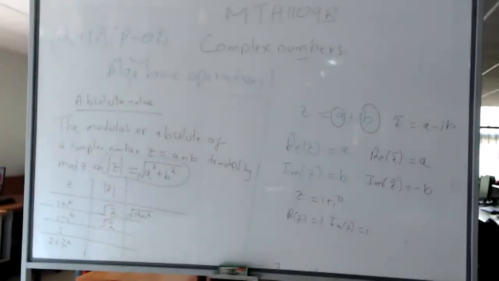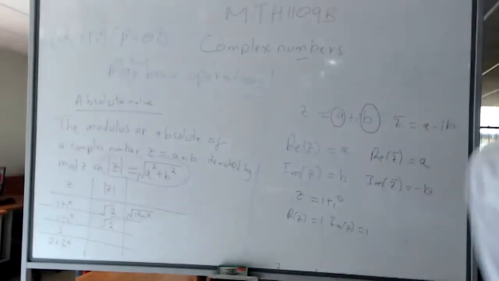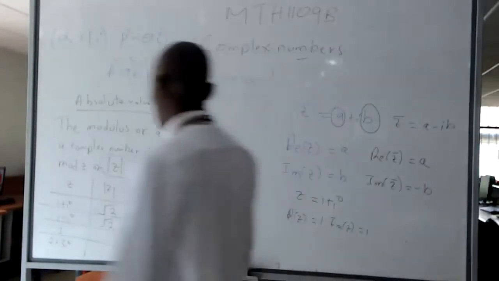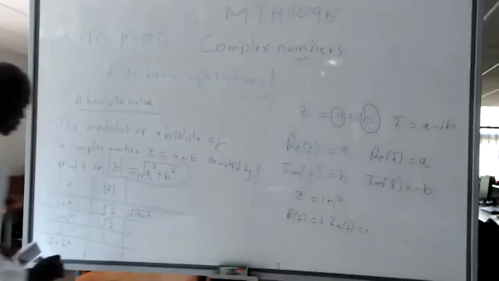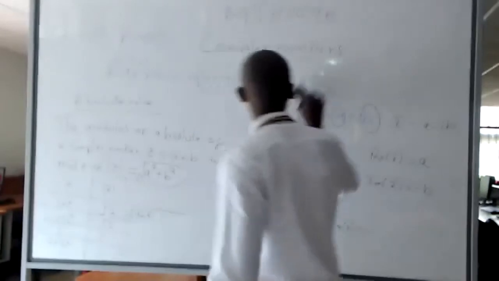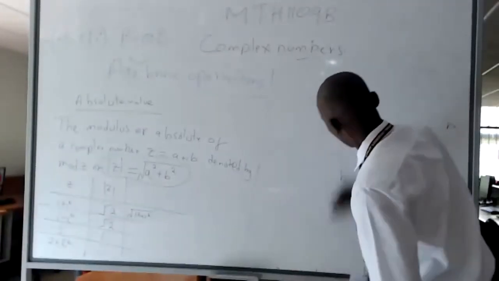How about absolute value of 1? Square root of 1. Absolute value of 1 is just 1 because the imaginary part is 0. How about the last one?